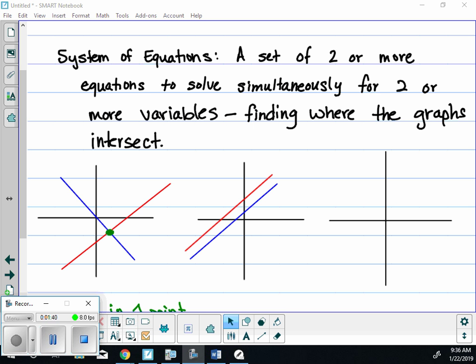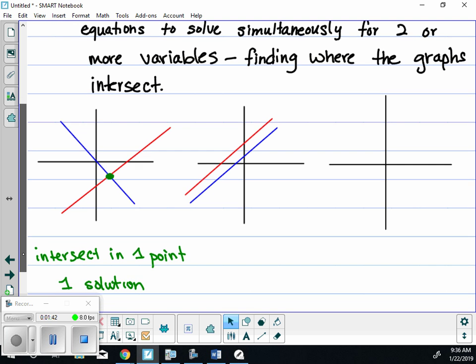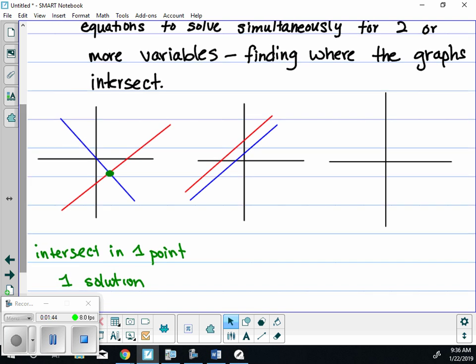We could have two lines that are parallel to each other, which means that they would never intersect, and there would be no solution. Or we could have two lines that are basically right on top of each other.